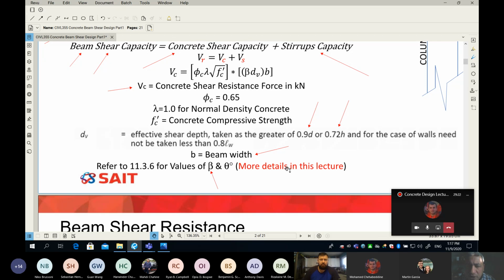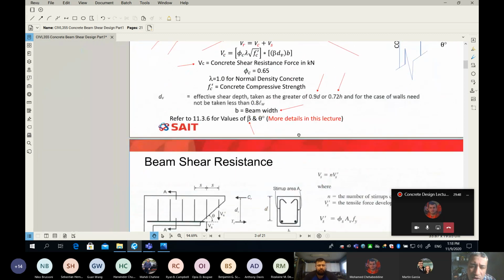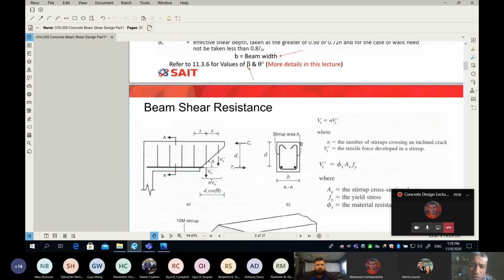And for any slab below 350 millimeters thick, if you remember, the beta is 0.21. Look at my screen. I said here more details in this lecture, because you will see when we get to beta for beams, it is kind of a long story. We have to tell you the story from the start. So anyway, you will get more details about beta today, but theta is still going to be the angle of the crack.